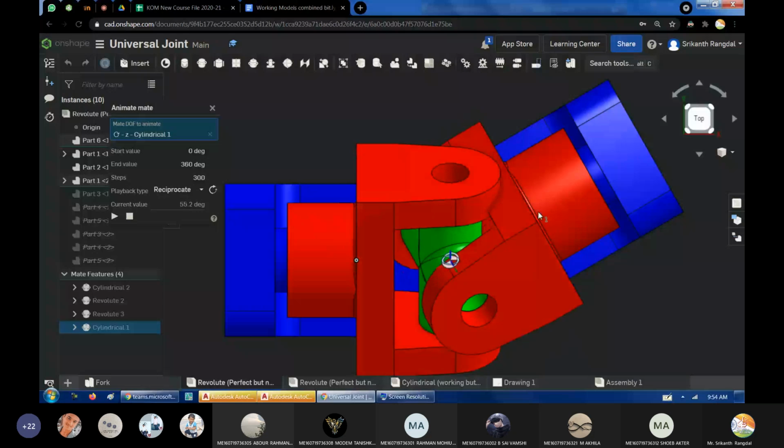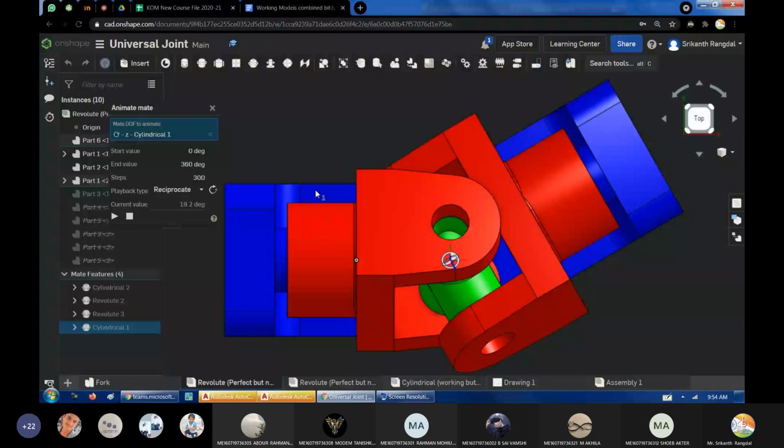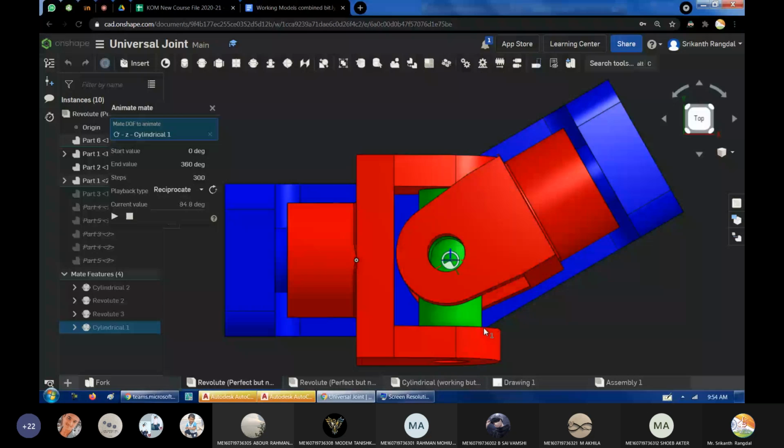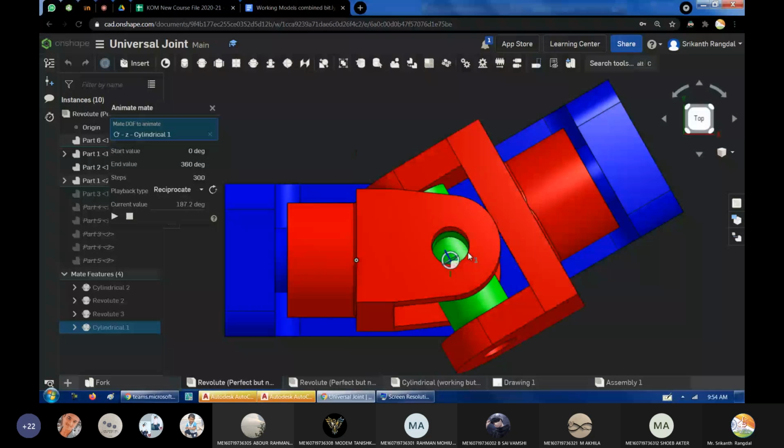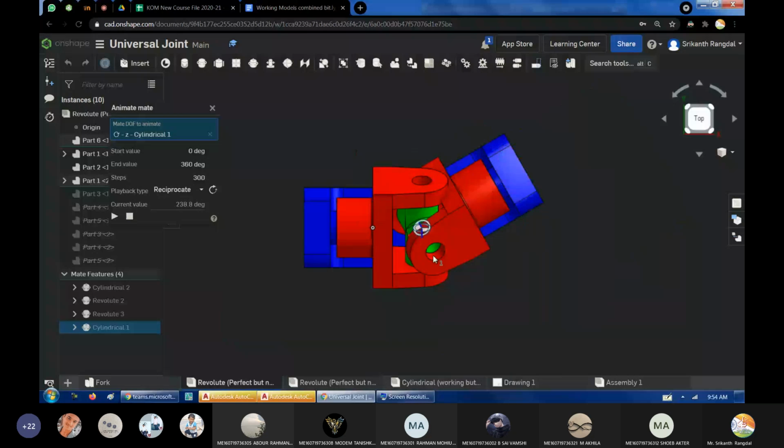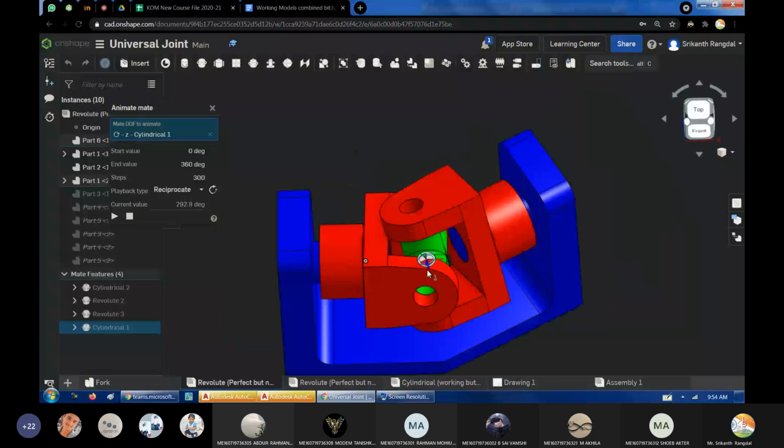That is the speciality of the Hooke's joint. And it is very simple in construction. There are no higher pairs. All the pairs are lower pairs. And that's what makes it easy to maintain, easy to manufacture, and easy to replace.